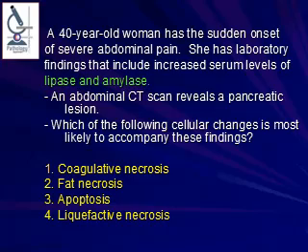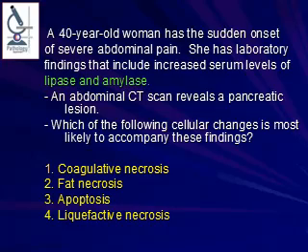A 40-year-old female patient has sudden onset of severe abdominal pain. She has laboratory findings that include increased serum levels of lipase and amylase. ده يفكرني بإيه؟ An abdominal CT scan reveals pancreatic lesion.